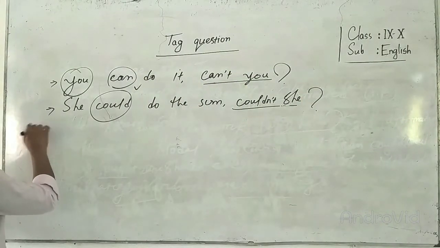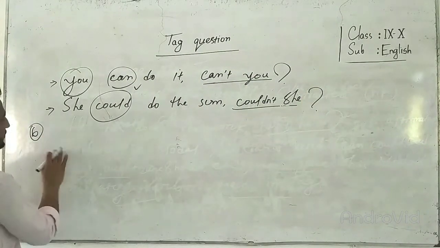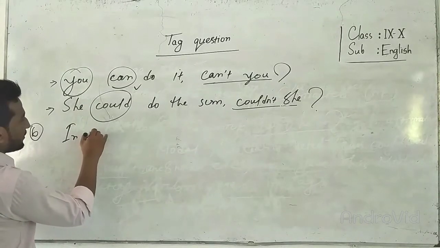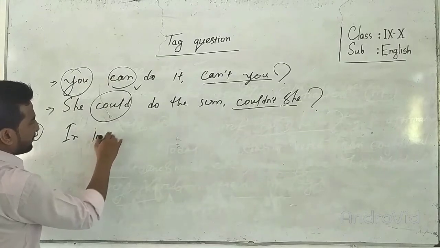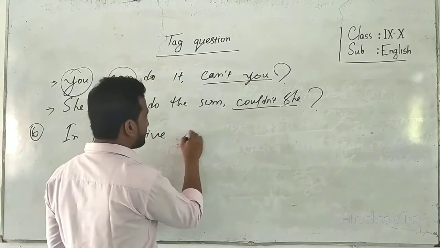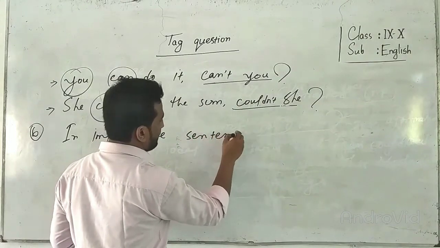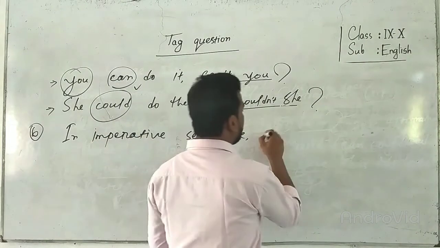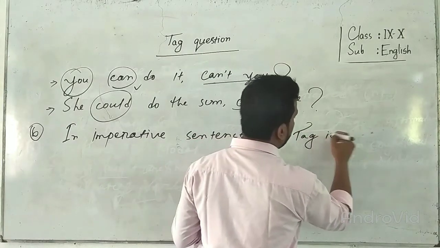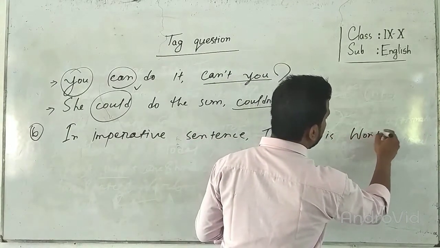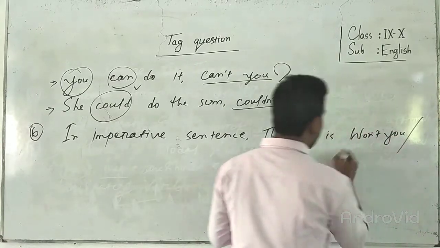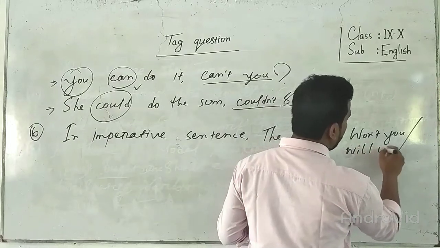Rule number 6. If the sentence is imperative, in an imperative sentence, the tag is won't you, or will you.